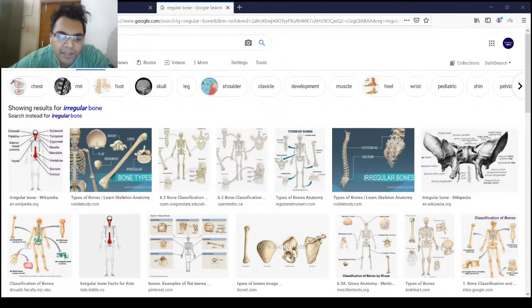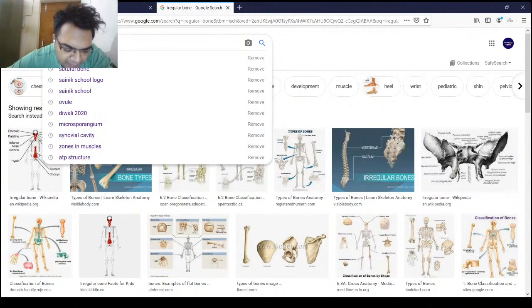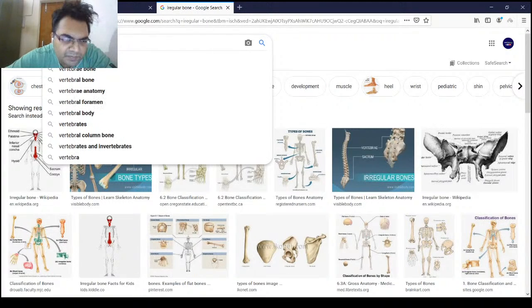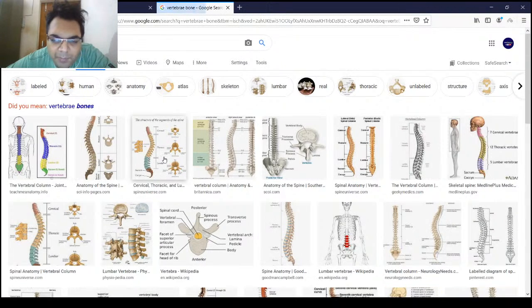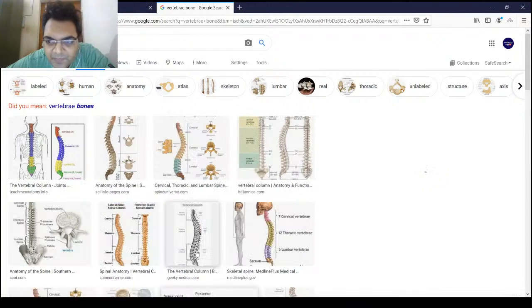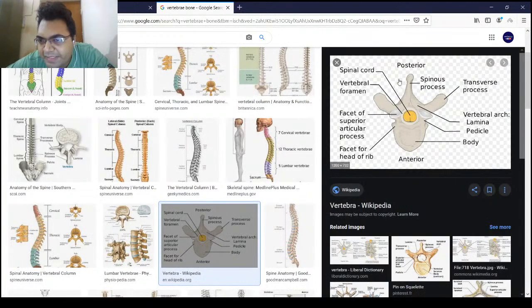So the vertebral bone comes under the irregular bone. If I show you the vertebral bone, that comes under the irregular bone. So this shape is irregularly shaped.